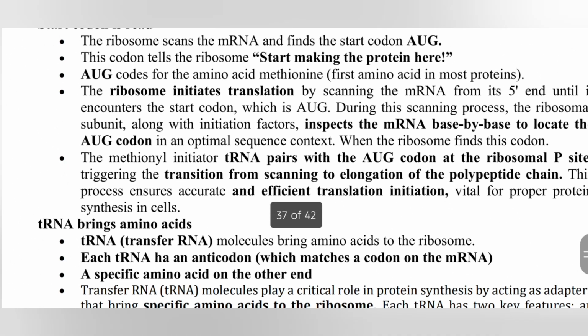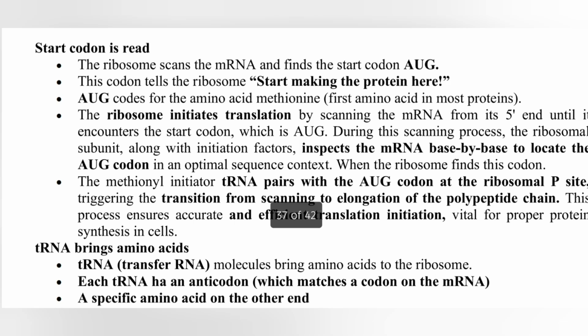So, simply we can say at the first step, the ribosome binds with the messenger RNA. At the second step, the start codon, that is AUG, is read by the ribosome, and after knowing the start codon, the methionine initiator tRNA that was discussed earlier binds with the messenger RNA at the P site and initiates the process of protein synthesis.